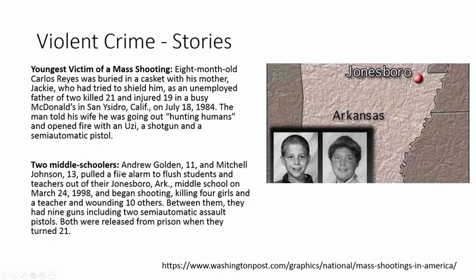Here we have 2 middle schoolers that at the time, one was 11, the other 13, pulled the fire alarm in Jonesboro, Arkansas, outside of a middle school on March 24th, 1998, and began shooting other children.